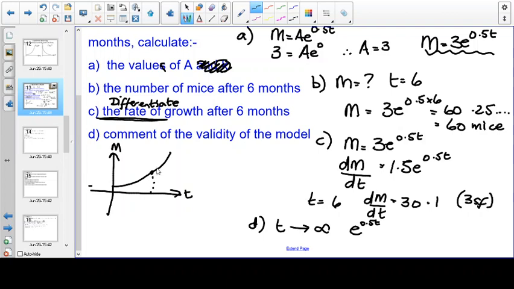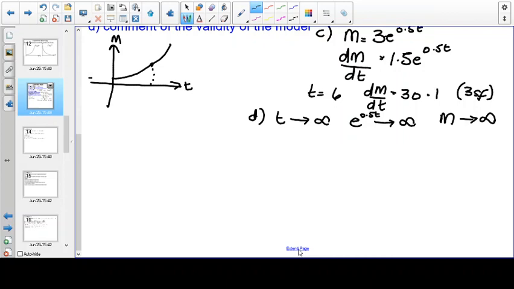It's just going to go bigger and bigger and bigger. So as that gets bigger, then that gets bigger. So as t tends to infinity, that will also tend to infinity. So therefore, what it's saying is that the number of mice is going to tend to infinity. Is that valid? I would probably say that that's not valid.